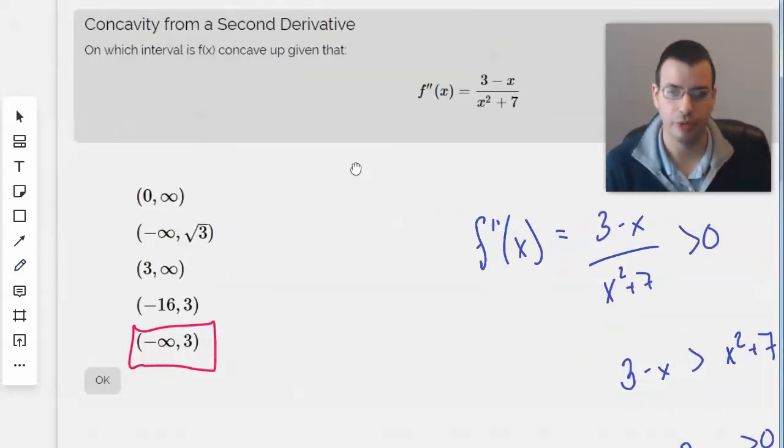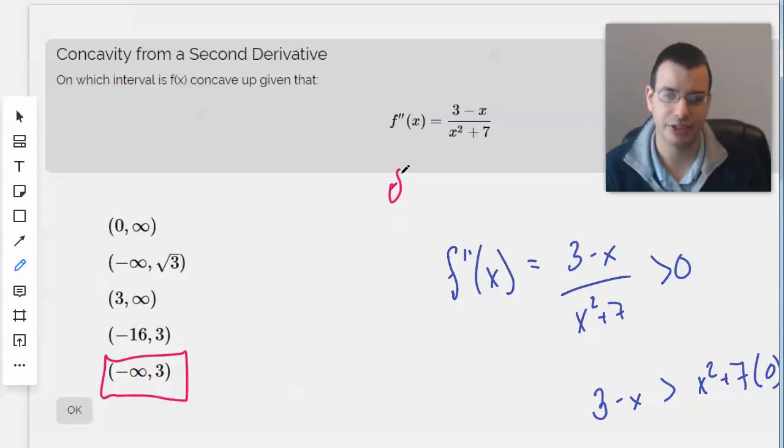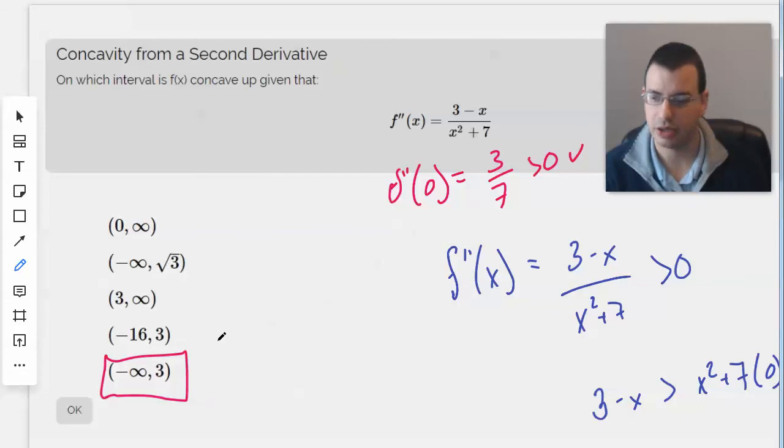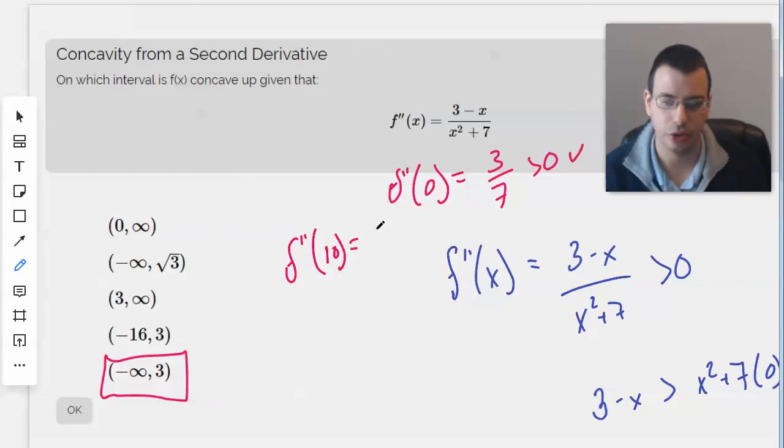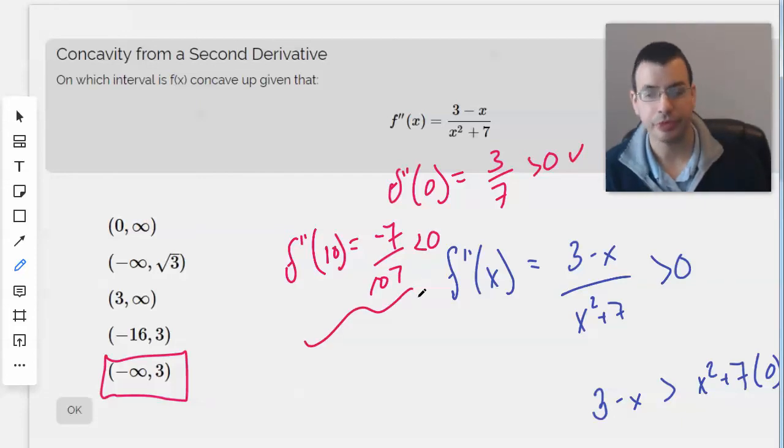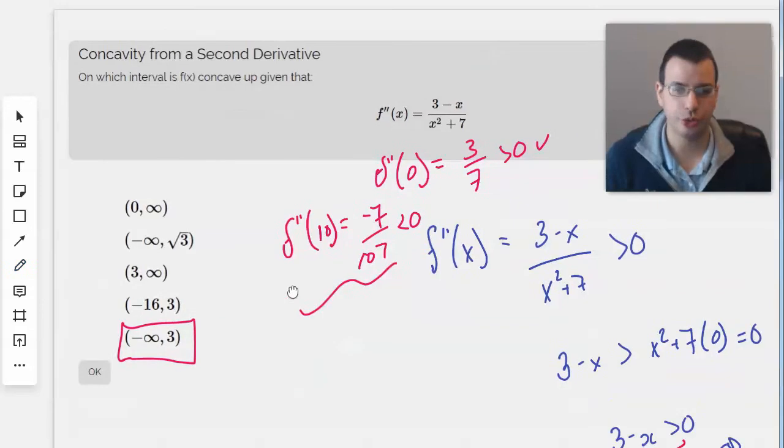So I'm going to do 0. f double prime of 0 equals 3 over 7, which is greater than 0. Check. And I'll plug in 10. f double prime of 10 equals 3 minus 10, which is negative 7, over 107, which is less than 0. Therefore, negative infinity to 3.